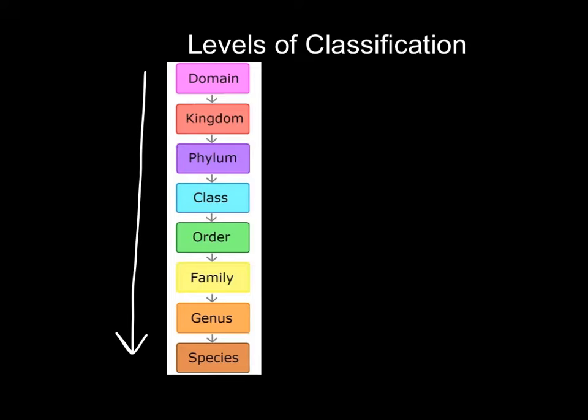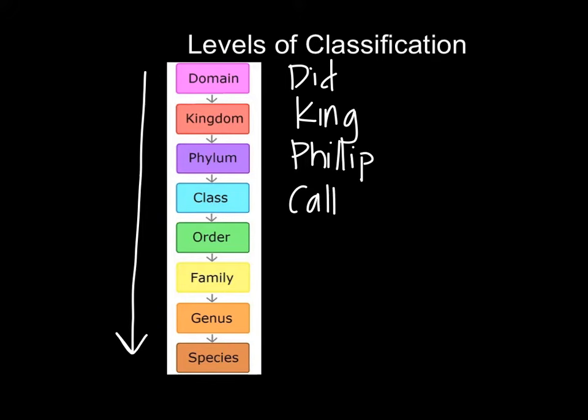And one easy way to remember this level of classification is this little phrase: Did King Philip call out for good soup?